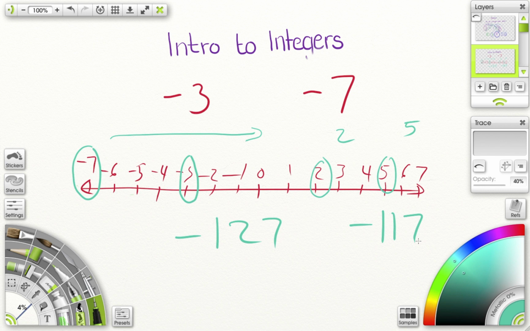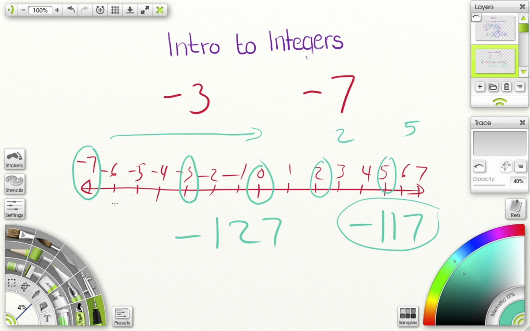How to tell with bigger numbers which one is of a greater value with integers is a little bit opposite. Usually it's the smaller number. So 117 is smaller than 127. The reason is that -117 is closer to 0 than -127.